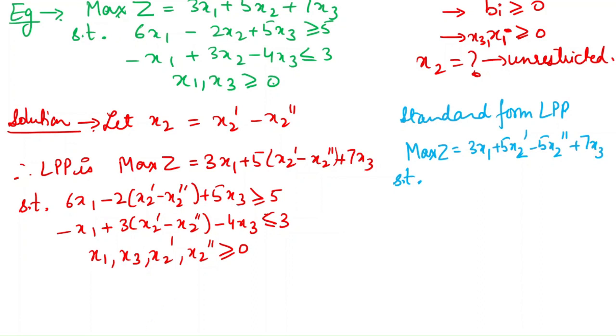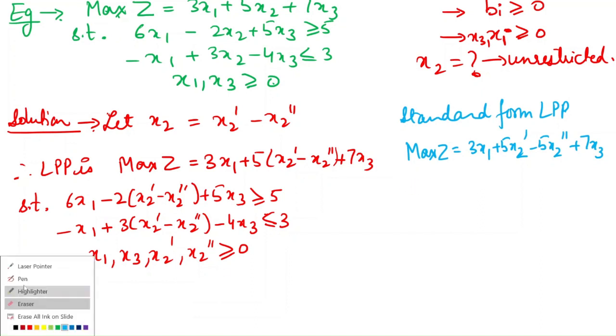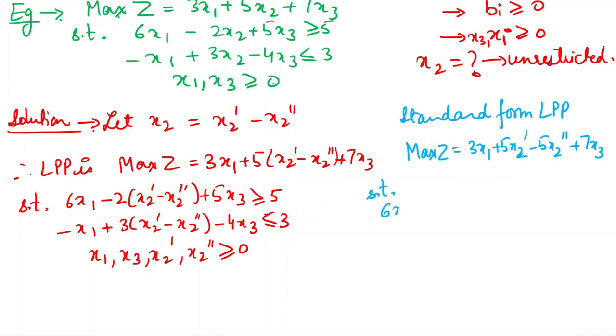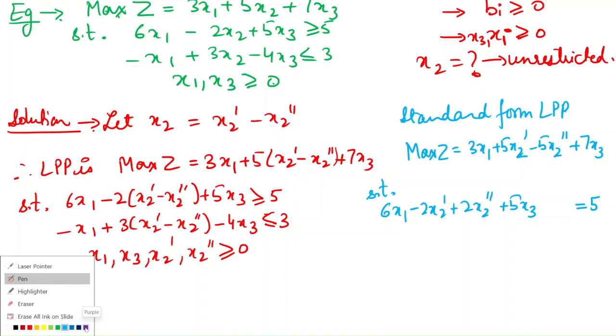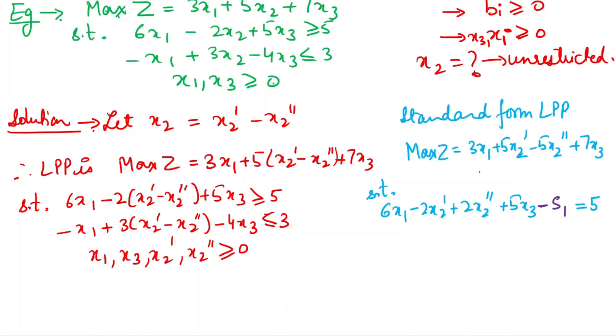So this would be subject to 6x1 minus 2x2 dash plus 2x2 double dash plus 5x3. Now this is greater than or equal to. So to make it equal to, I have to subtract a surplus variable. So the surplus variable would be minus s1 and the cost associated would be 0. So no effect on the objective function, as you can see here.